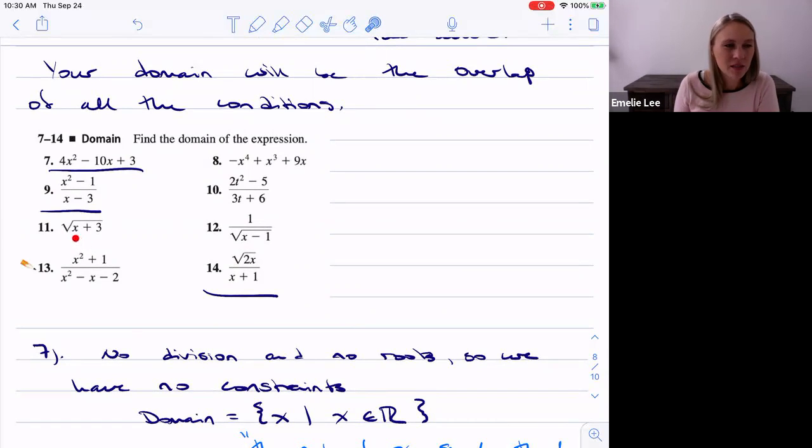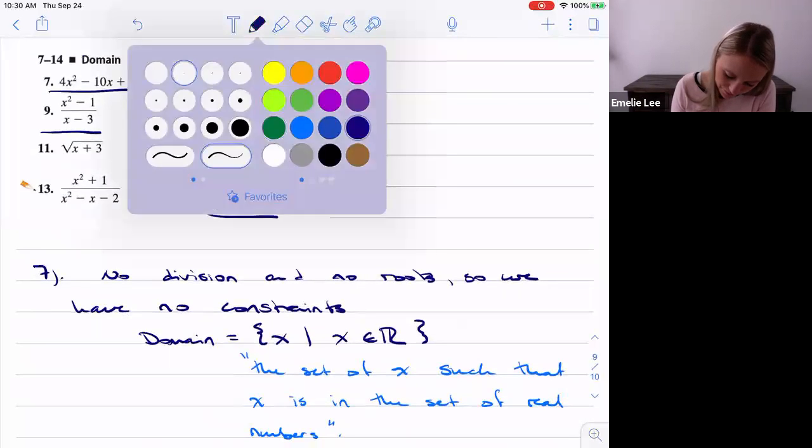For 11, right, I do have a square root. I don't have a fraction anymore, so I've got a square root. So in the square root, I know I can only have positive numbers or 0. So x plus 3 has to be greater than or equal to 0.